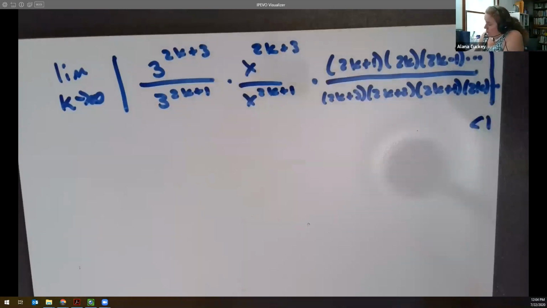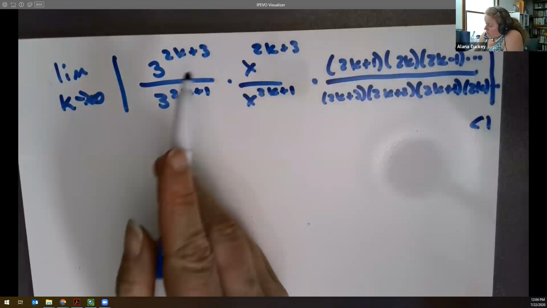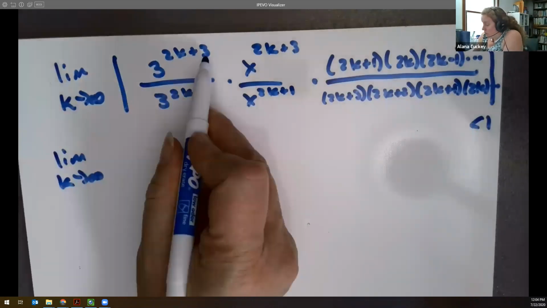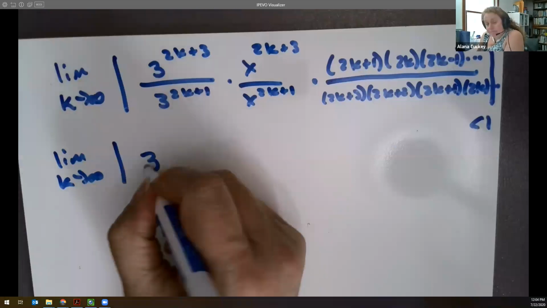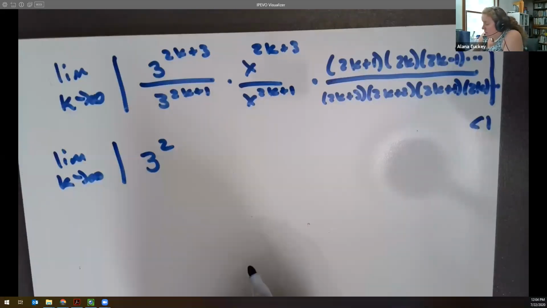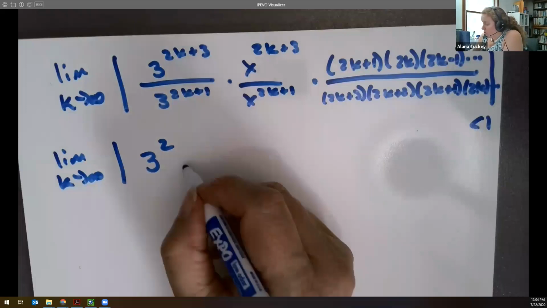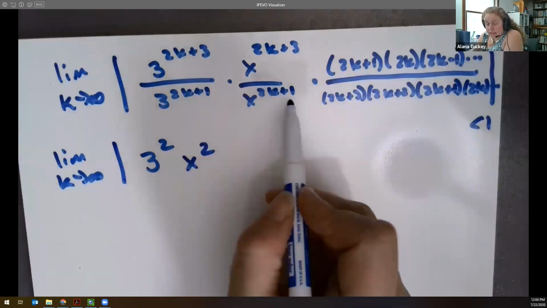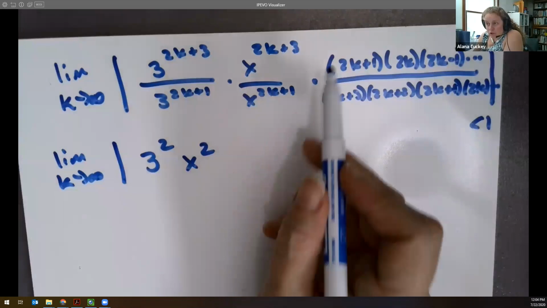All right, so why did I do it that way? Well, because things are going to cancel. 3 to the 2k plus 3 over 3 to the 2k plus 1 is 3 to the 2. Same thing here, this is x to the 2: 2k plus 3, take away 2k plus 1, the 2k's cancel, and you're left with 3 minus 1, which is 2.